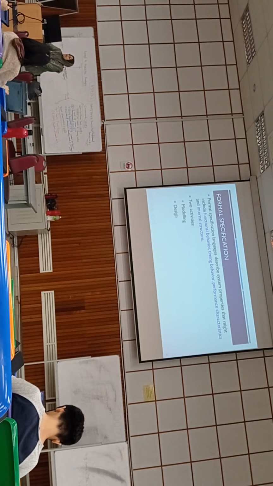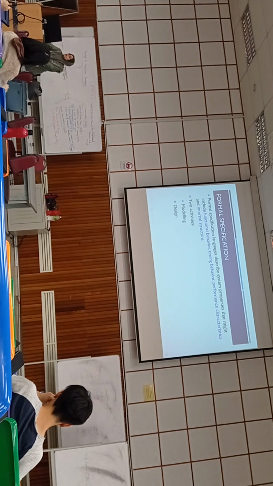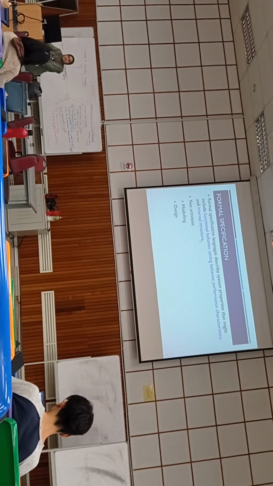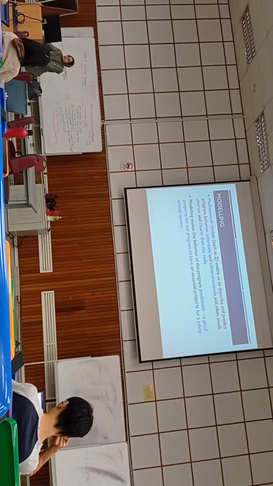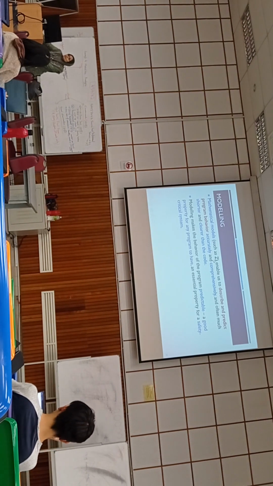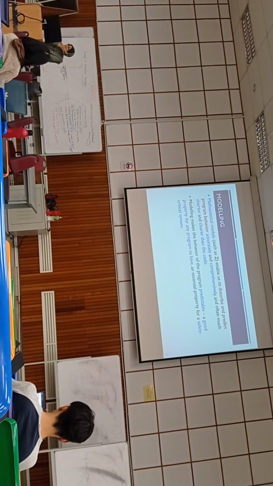So there are two activities when we talk about formal specification, modeling and design. For Z, we are going to use mathematical modeling here. Of course we are not going to have code. Don't think about writing code.